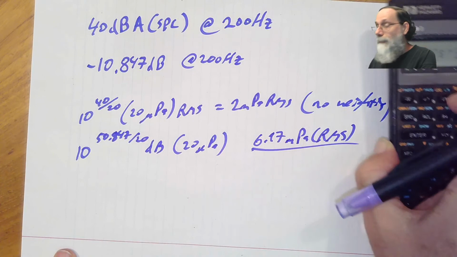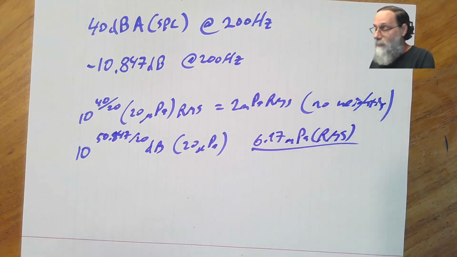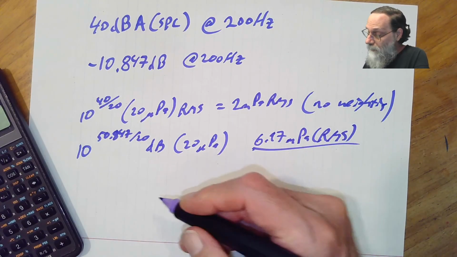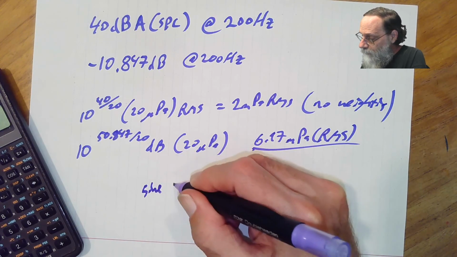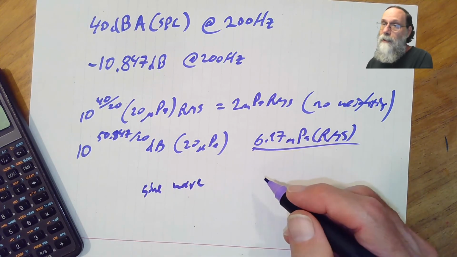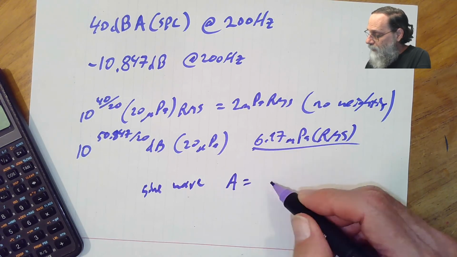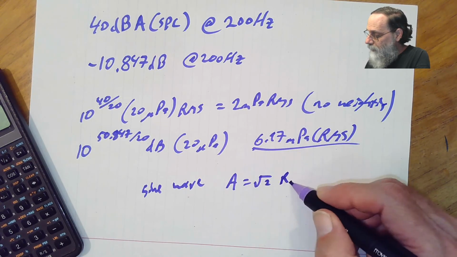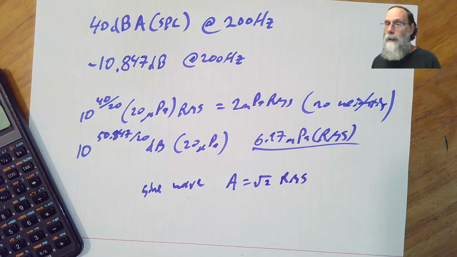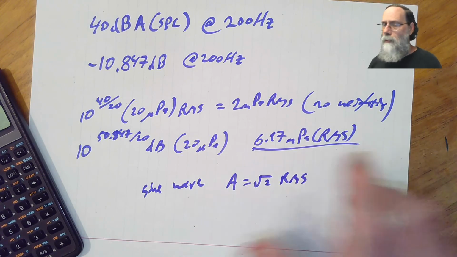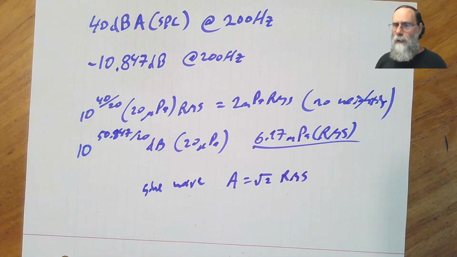Now, luckily, this is a sine wave. And so for sine waves, we have a crest factor of square root of 2, which means that the amplitude is square root of 2 times the RMS value. And we'll talk about RMS more in another one of these videos. I think it's coming up when we deal with the amplifier.